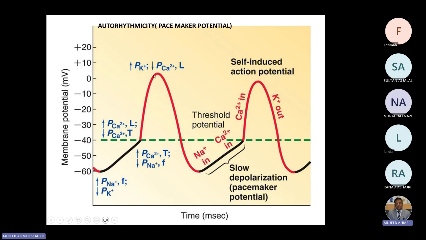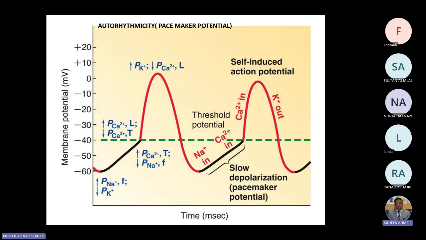And after that, it will shoot up in the form of an action potential. So this rising phase is known as slow depolarization, or another name is pacemaker potential. So it will not have a resting membrane potential; rather, it will have a slow depolarization phase, also known as pacemaker potential.